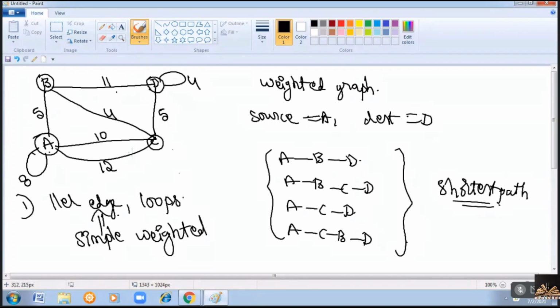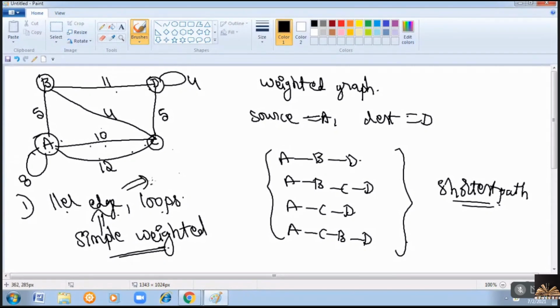So remove the loops, and whenever you find parallel edges, here between A and C you have two parallel edges, we consider only one edge with minimum distance.